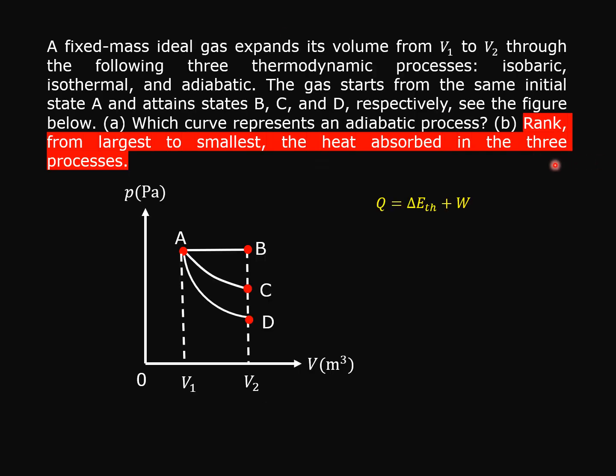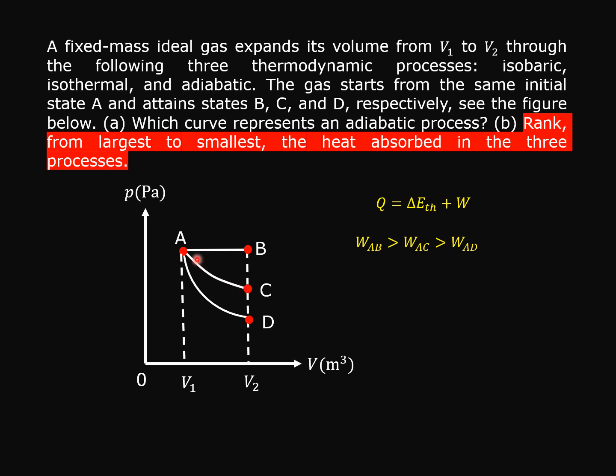Part B. To rank the heat absorbed in the three processes, we need to use the first law of thermodynamics to do the analysis. We look at the work done first. Work done is represented by the area under the graph in the PV diagram. From state A to state B, this is the area under the graph for the isobaric process.